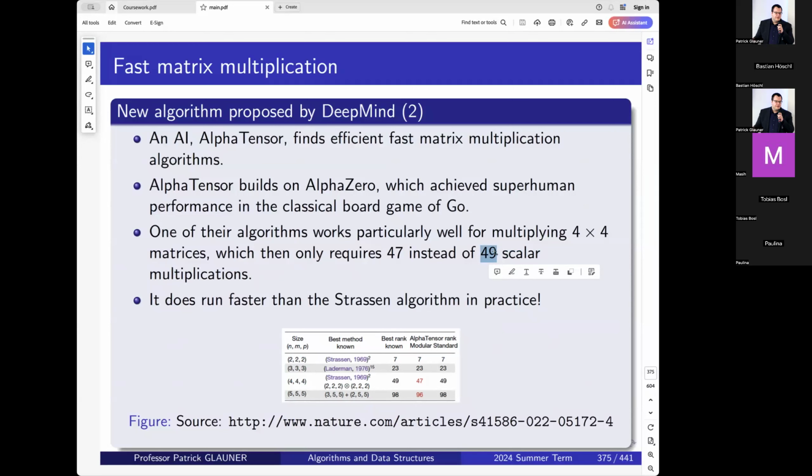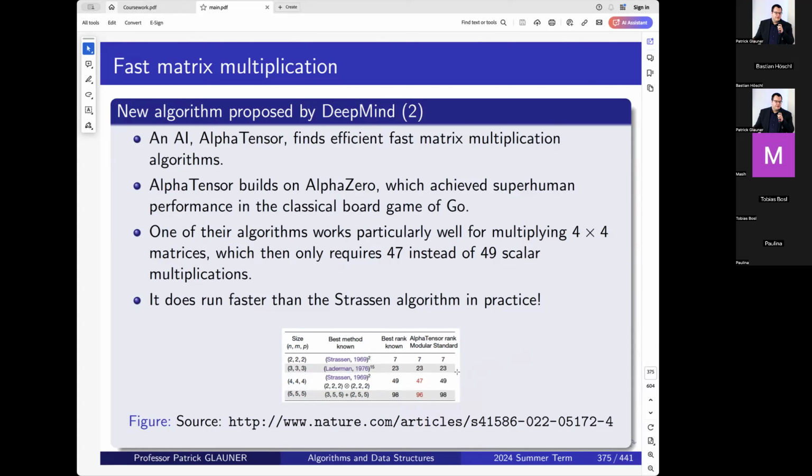The Strassen algorithm applied not to 2 times 2, but 4 times 4 matrices. And this is exactly shown here. So the Strassen algorithm from the first period could also be used for 4 times 4 matrices, and you would have 49 multiplications with the Strassen algorithm. The naive one would obviously be more than 49.